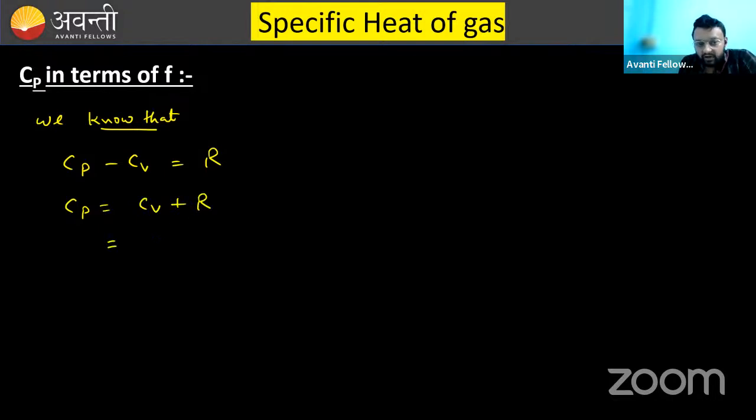And Cv is F R by 2, so Cp is F R by 2 plus R. R is common, so Cp is R times F by 2 plus 1.